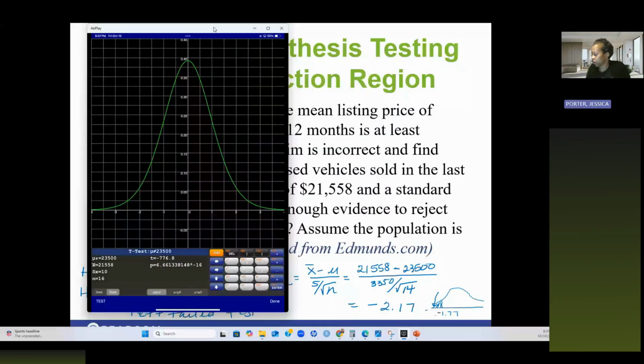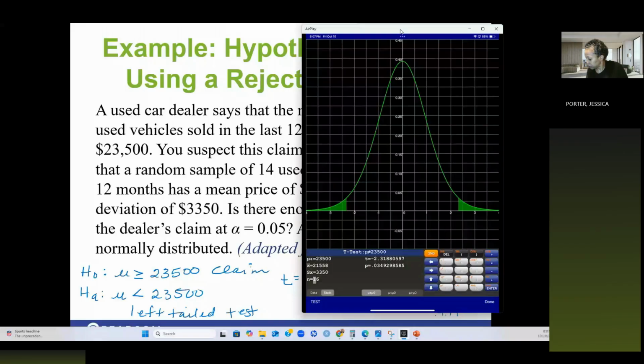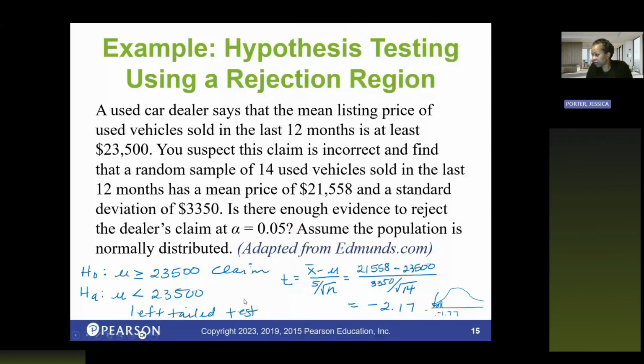The sample standard deviation is 3350. N was 14. And we're at the alpha equals 0.05 level. We've got our t statistic of negative 2.17.